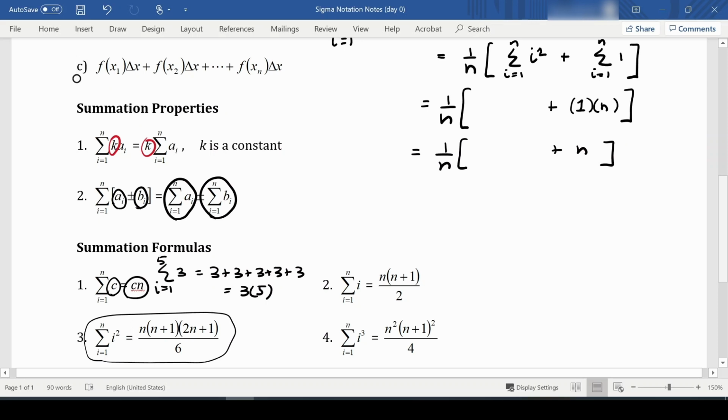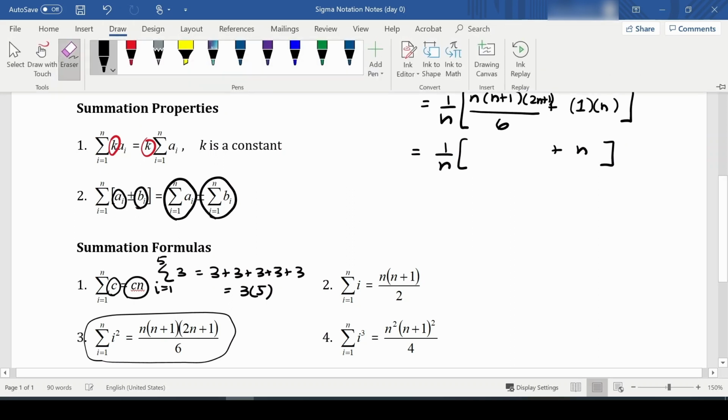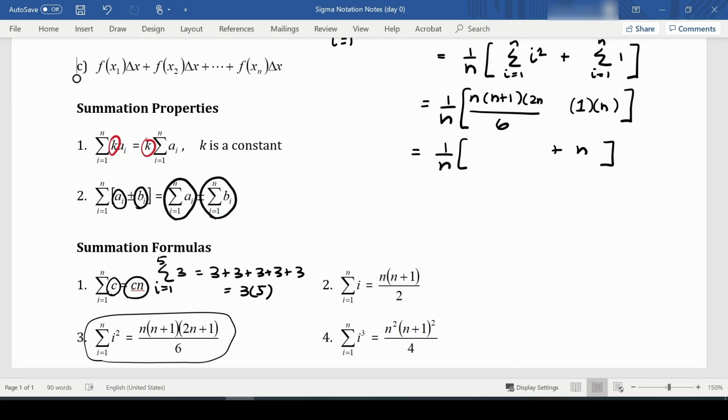So this one is going to be n times n plus 1 times 2n plus 1 over 6. Let me just fix this, I underestimated how much space I needed. So I end up with n plus 1, 2n plus 1, all over 6.